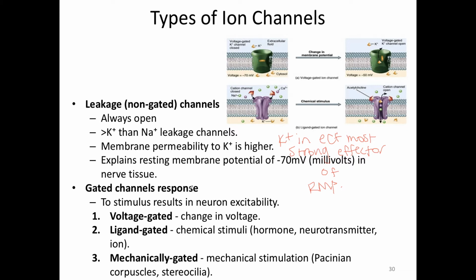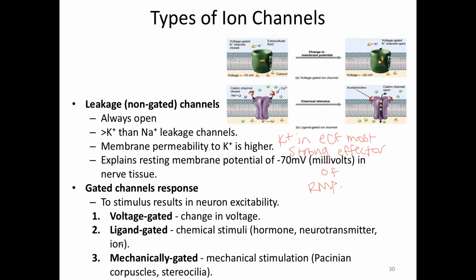So gated channels come in different flavors, and these different flavors correspond to what makes the channel open. Gated channels typically let ions through, although sometimes other stuff too, and they can be voltage gated, which means they only open at a particular voltage range. So if the voltage changes in a way that they like, they'll open up.